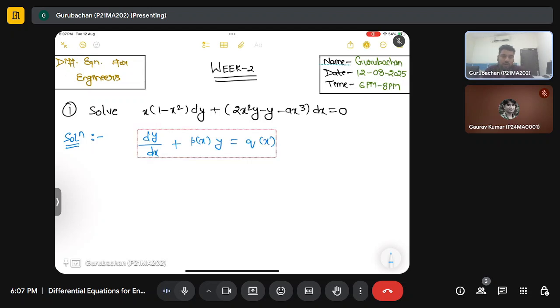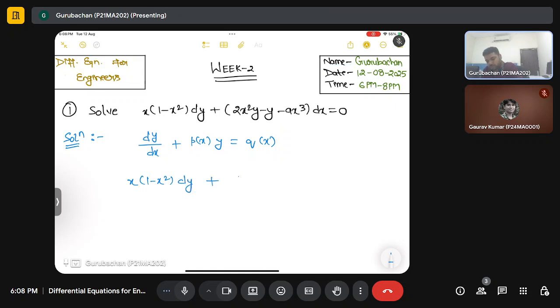This is the general first order linear ordinary differential equation form. So if we try to write our equation into this form, this is our given equation.